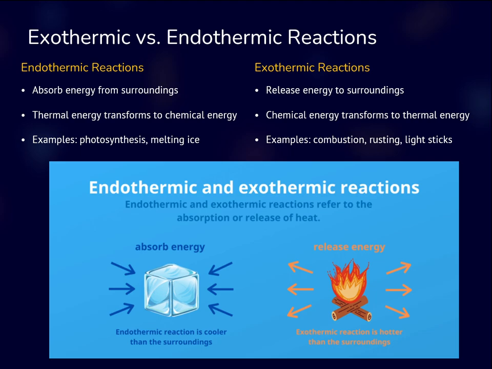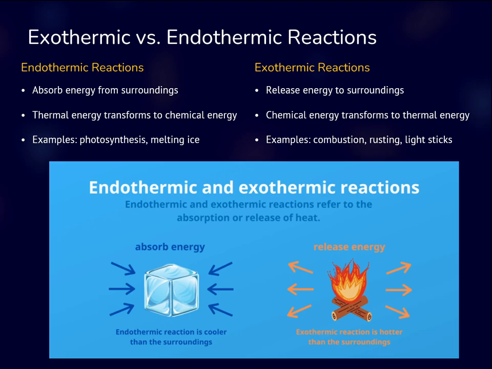Now let's break down chemical reactions into two broad categories based on their energy flow, using terms that you've already heard. First, exothermic reactions. These reactions release energy into the surroundings. The chemical bonds in the reactants contain more energy than those in the products, so that excess energy is released, usually as heat or light.